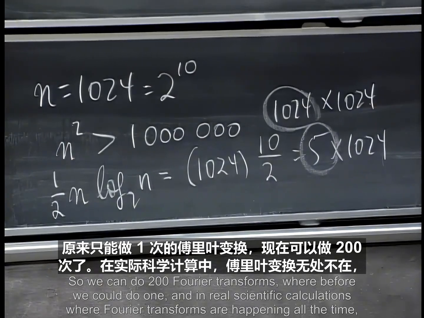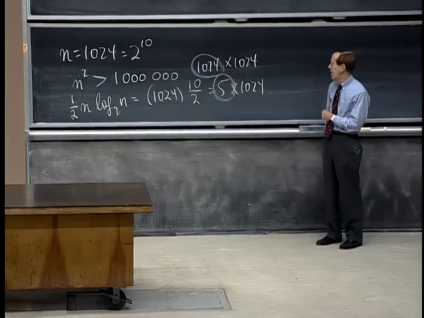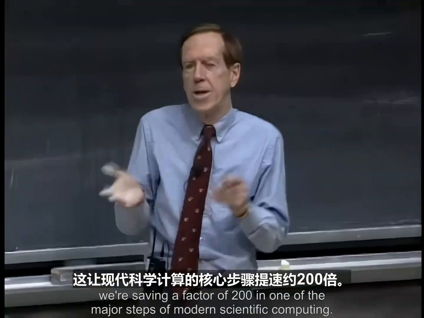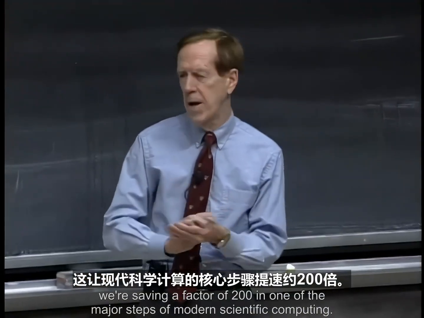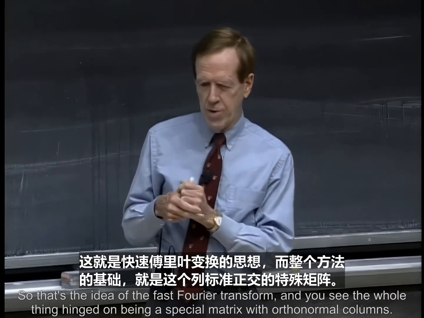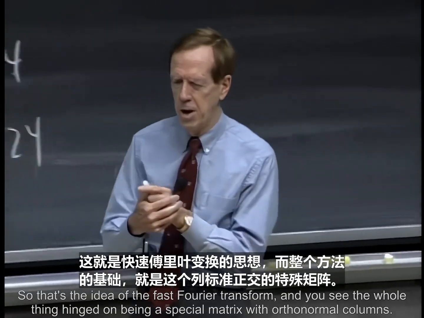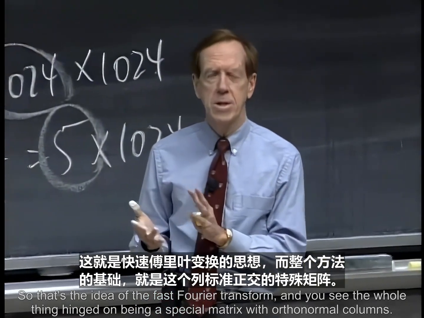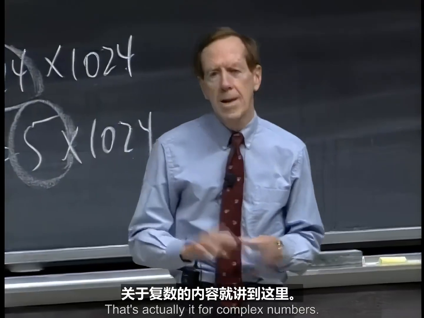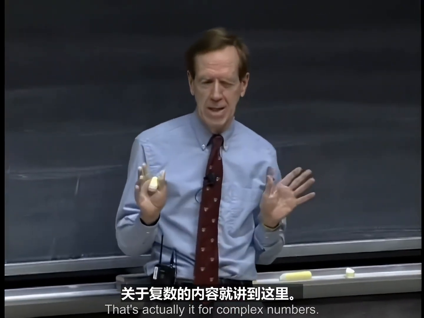And in real scientific calculations where Fourier transforms are happening all the time, we're saving a factor of 200 in one of the major steps of modern scientific computing. So that's the idea of the fast Fourier transform, and you see the whole thing hinged on F being a special matrix with orthonormal columns. Okay, that's actually it for complex numbers.